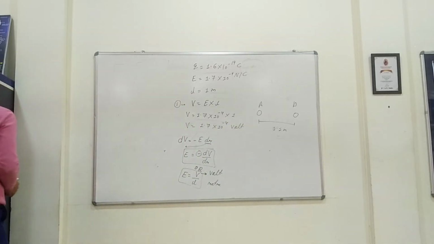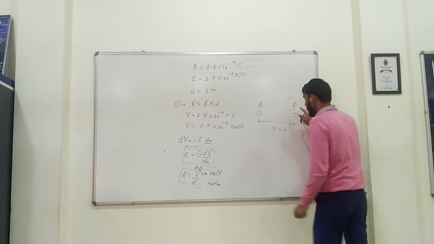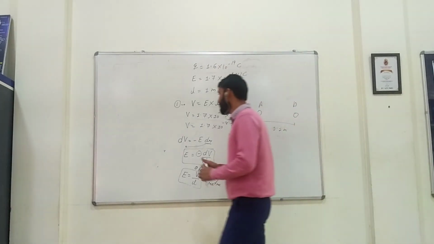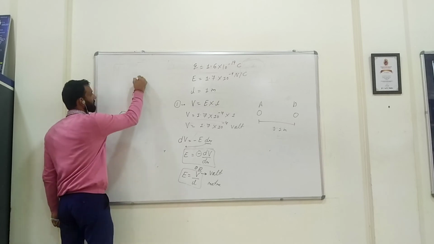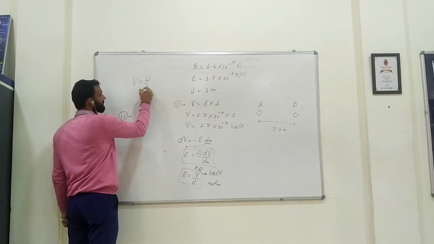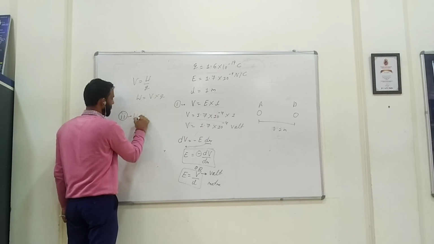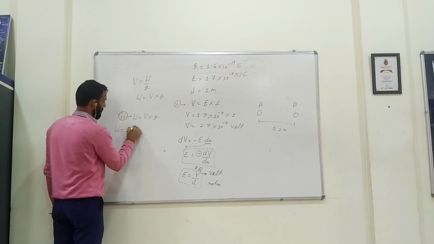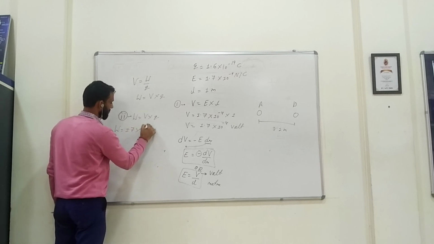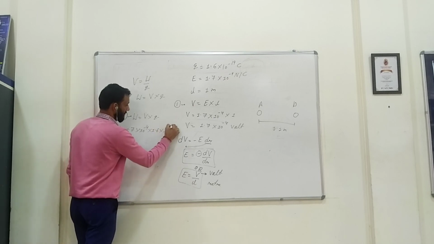In the second part, he is asking us to calculate how much work is done in the above process. So when you are carrying this proton from point B to point A, how much work is done? We all know that V is equal to W upon Q. Therefore, W will be V into Q. So work done is 1.7 into 10 to the power minus 4 into 1.6 into 10 to the power minus 19.